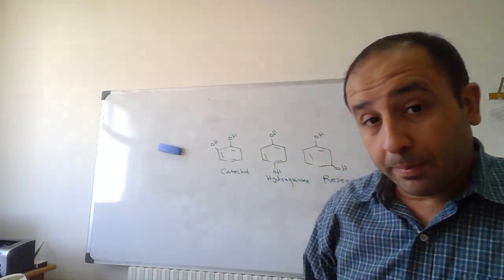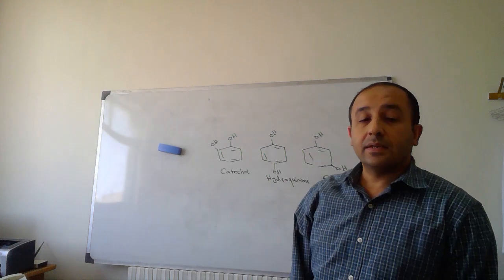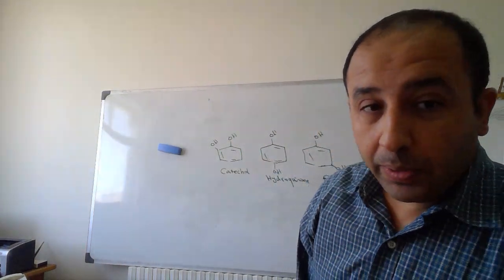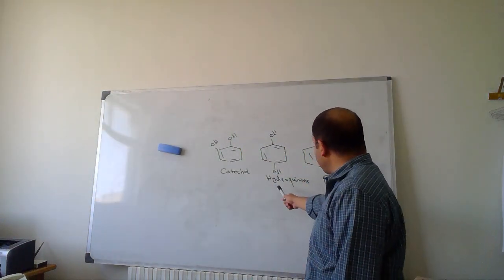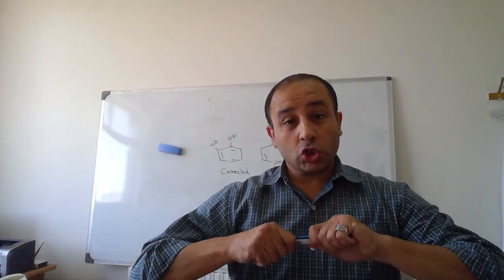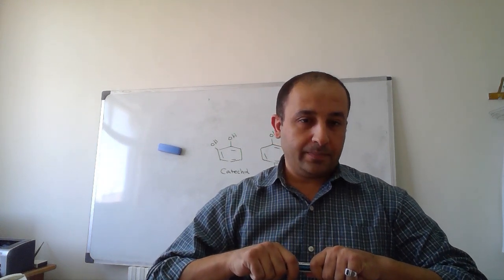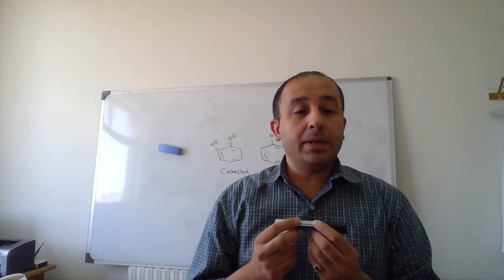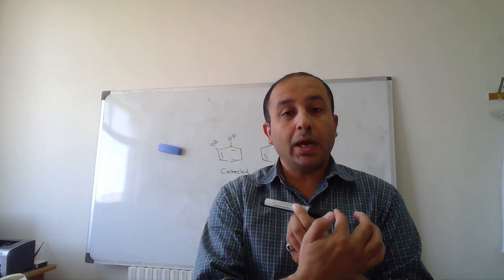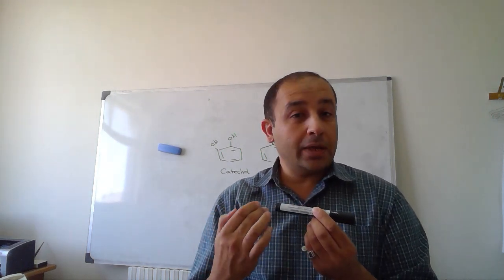If you remember from organic chemistry, the molecule which has the highest boiling point is hydroquinone. The reason is that it has strong intermolecular hydrogen bonding due to the availability of two hydroxyl groups for intermolecular hydrogen bonding.